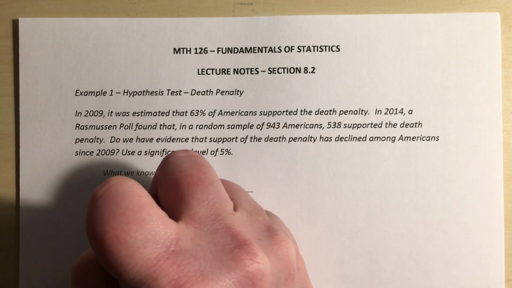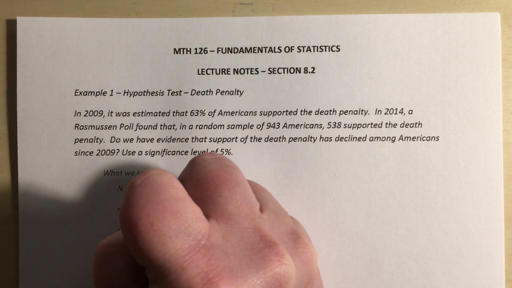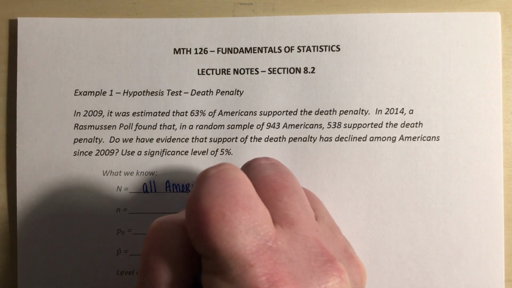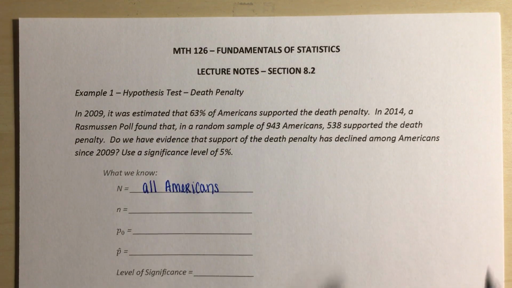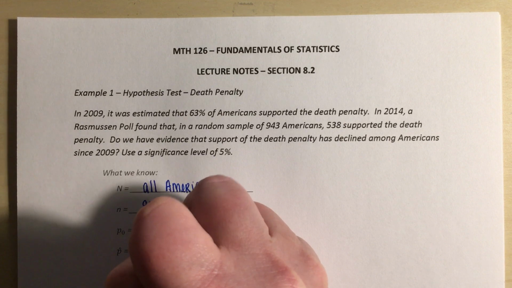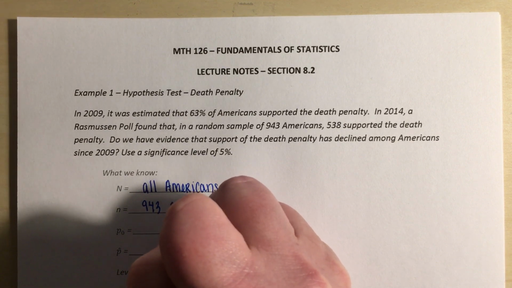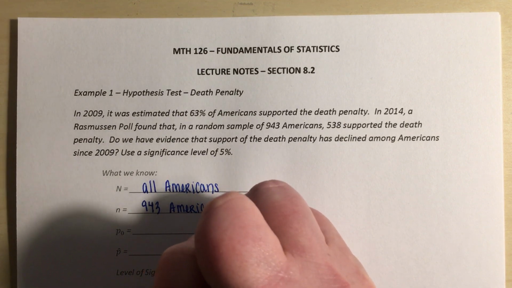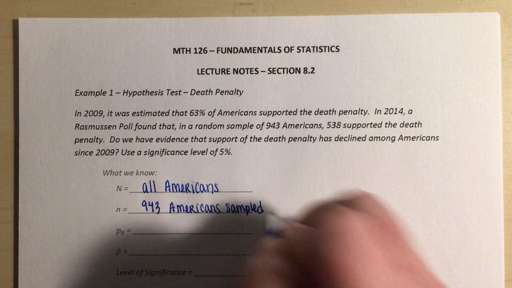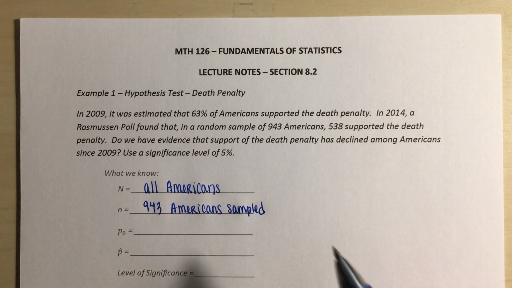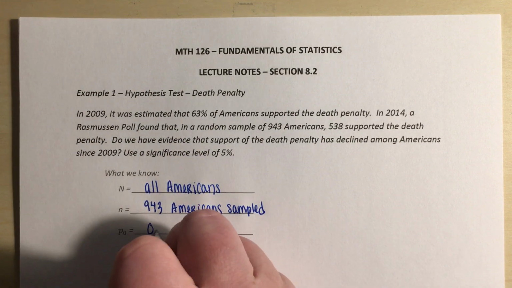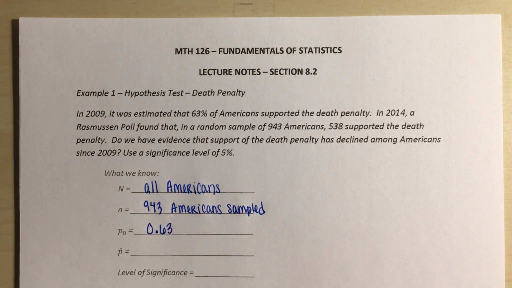All right, so our population, our capital N, is all Americans. Our lowercase n is the amount that were sampled. So there were 943 Americans sampled. Our P naught is our original estimation, so our P naught is our 63%.